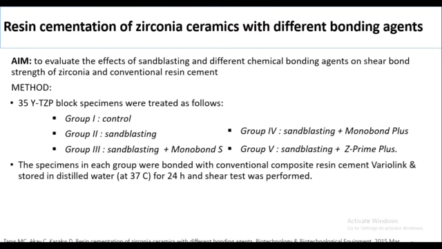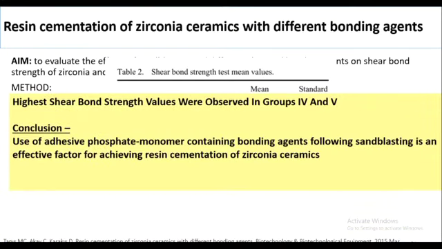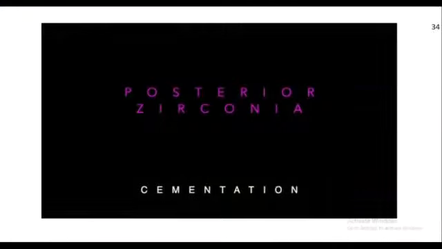All the specimens in the groups were bonded with a conventional composite resin. The result of this study was that the use of adhesive phosphate monomer containing bonding agents following sandblasting is an effective factor for achieving resin cementation.